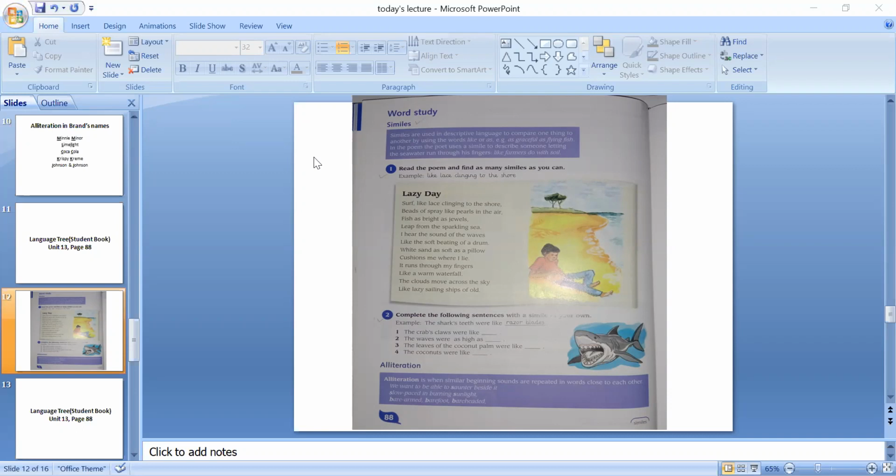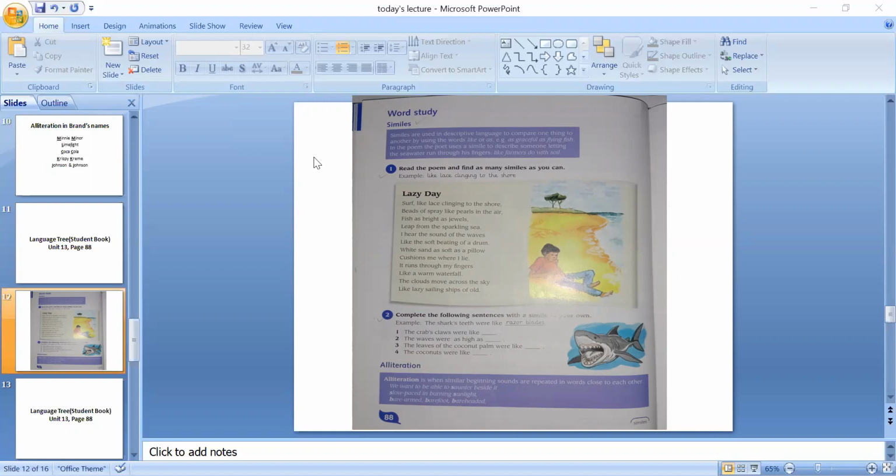Teacher, like the one you have in your back? Yes, exactly. Spinal cord. The leaves of the coconut palm were like spine. Probably you have read it in science about the spine or spinal cord. Okay, last one.